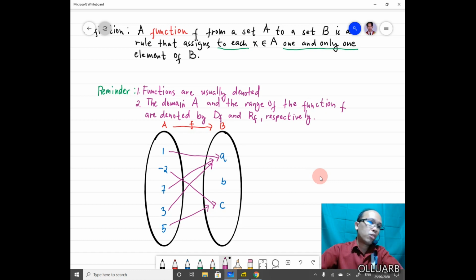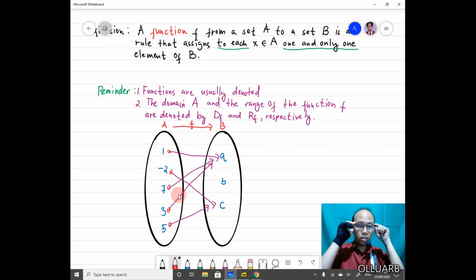So in a function, remember that there is only one arrow. Only one arrow, because it says here one and only one element of the set B. So there is a big difference in the definition of a relation and a function.